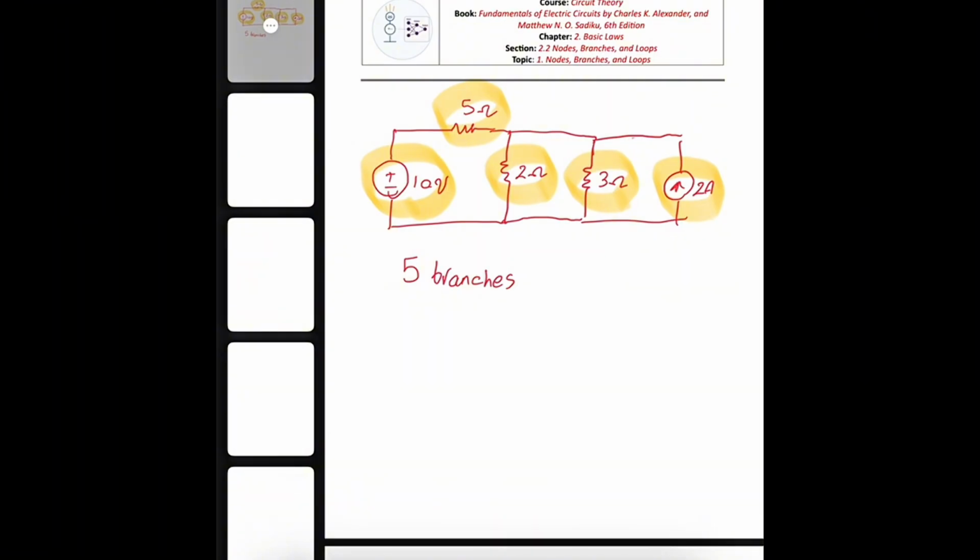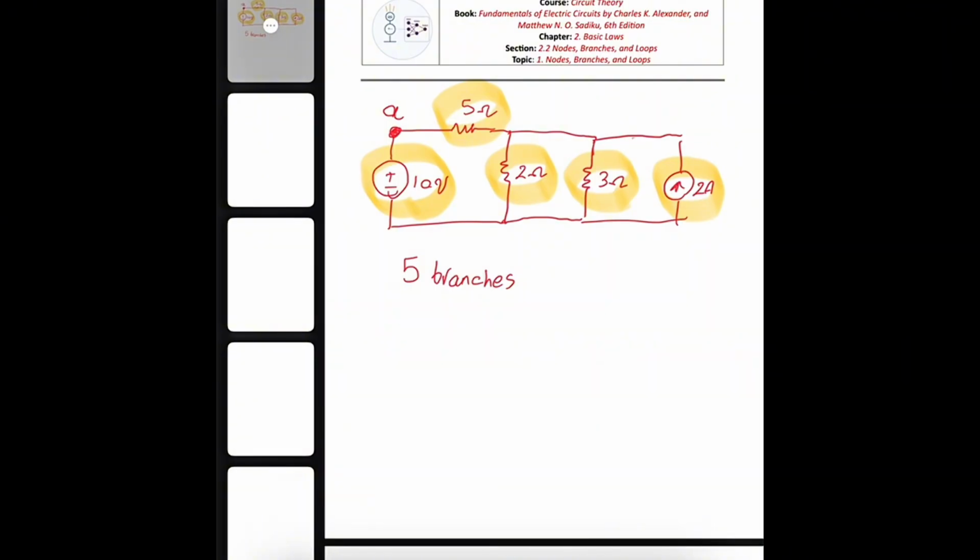Now, what is a node? A node is a point where 2 or more branches connect. In this circuit, we can call this one node A. Node A connects the voltage source and the 5 ohm resistor.